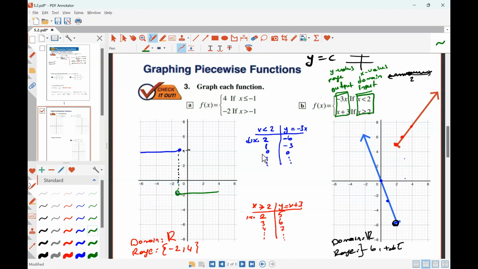So I just have to use the tables then. Since I don't have numbers here, I have to use the tables. Let's refer to the tables. In the table, the y part is the range part. This part is range.